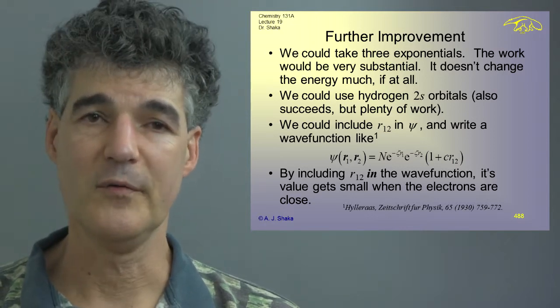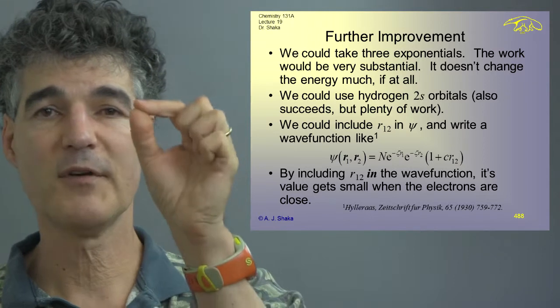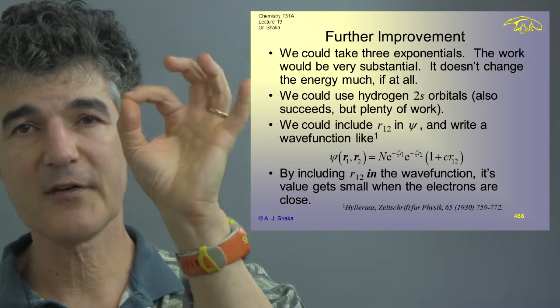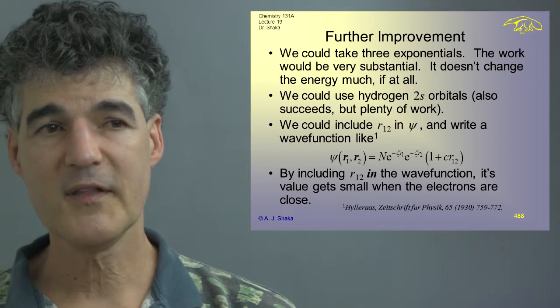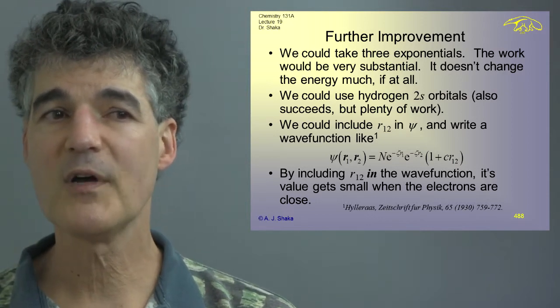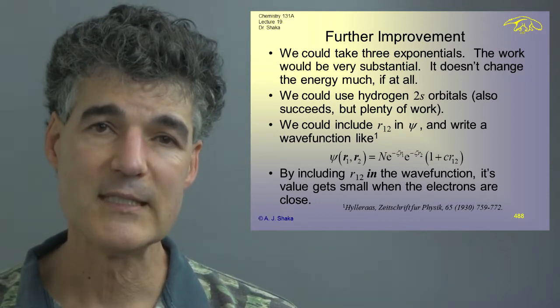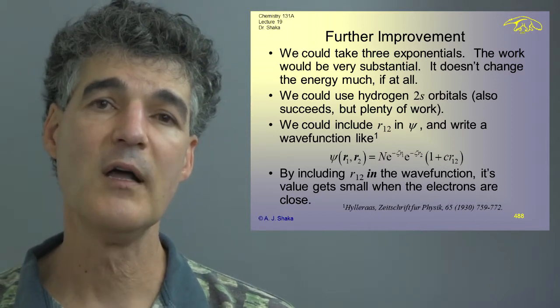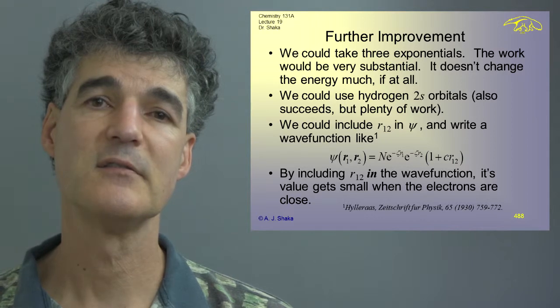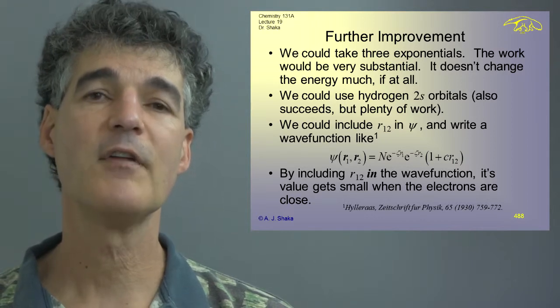What does that do? Well, R12, remember, is the distance between the 2 electrons. That's just the scalar distance between them. What this does is, depending on what c is, when R12 is small, the wave function shrinks. This is a kind of automatic control.